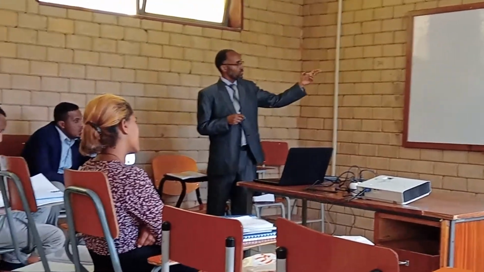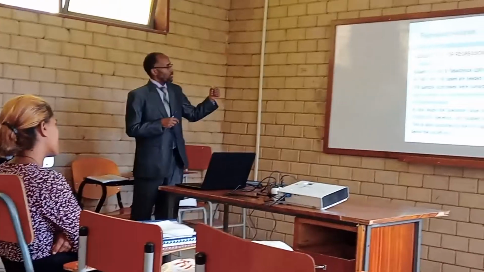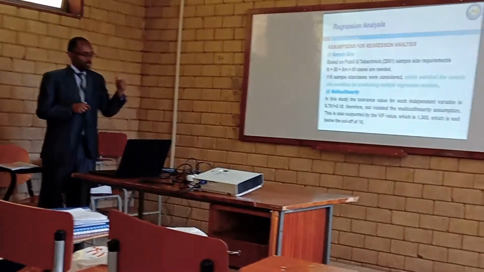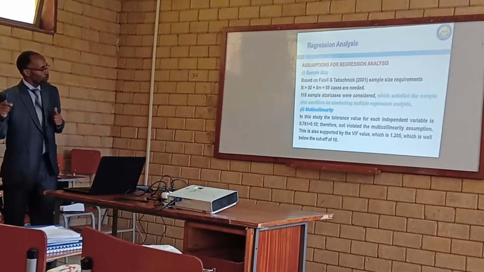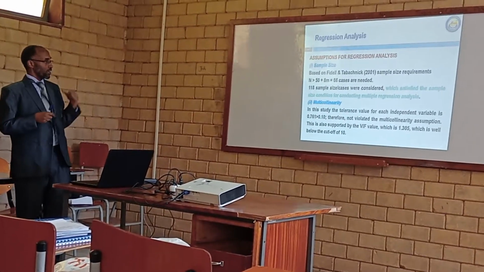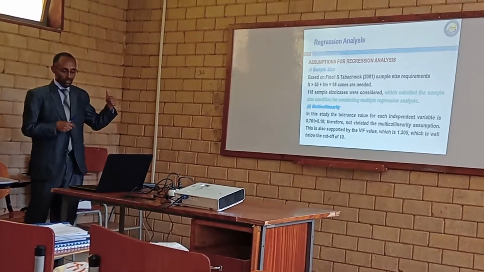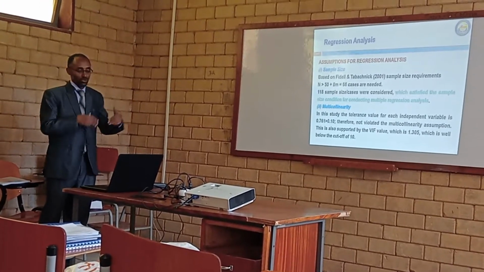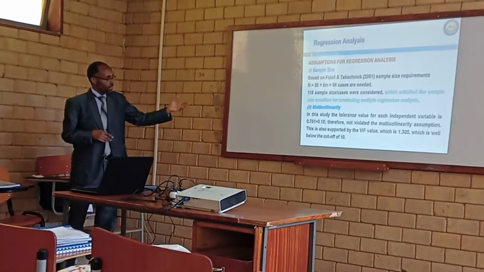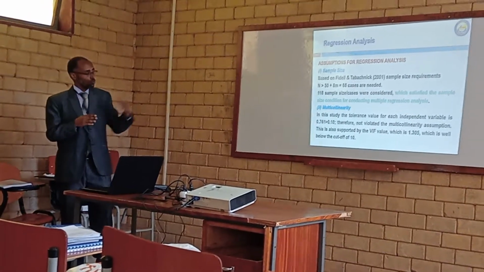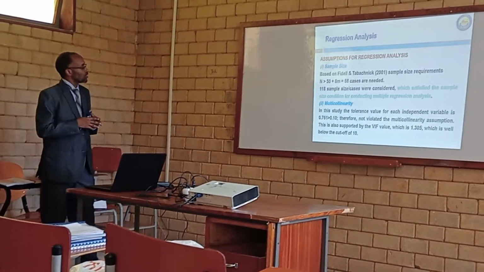According to these authors, at least 66 cases or samples are needed in order to conduct a regression. In my case, my sample size was 118, so that is more than enough to conduct regression. Coming to the multicollinearity test, it is also an assumption. I have to test that.